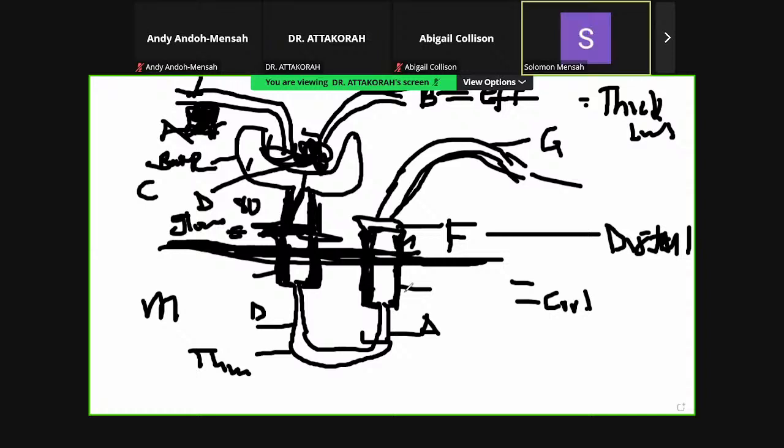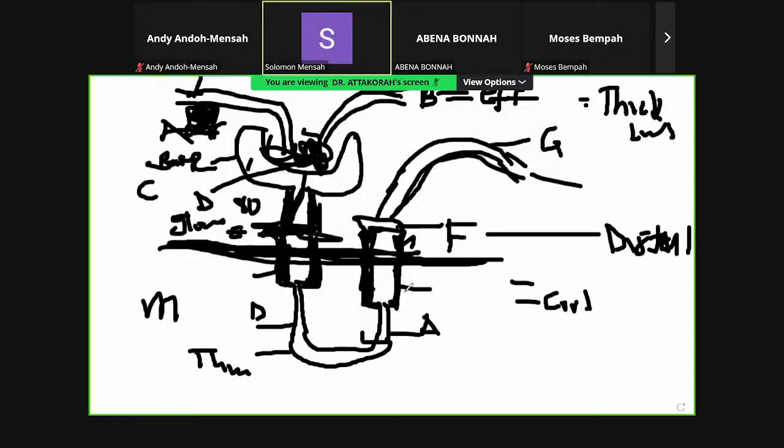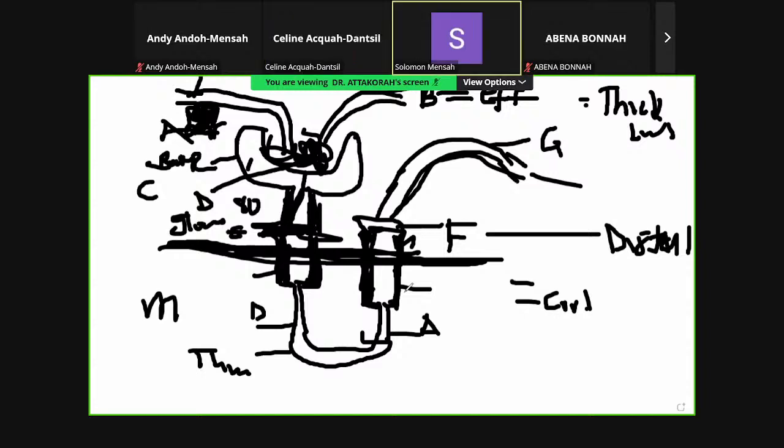Yes, Doc. Like you rightly said, when the filtrates from the glomerulus get into the distal convoluted tube, the body tends to absorb some of the elements in it, as in the potassium, glucose, all those things that the body needs. So not all will be absorbed. Some will want to pass through the tubes again.